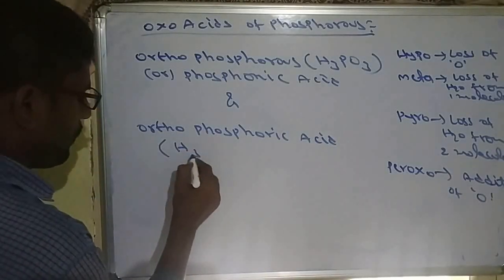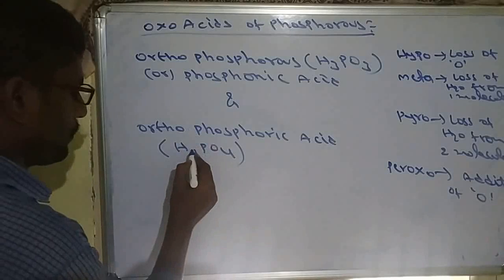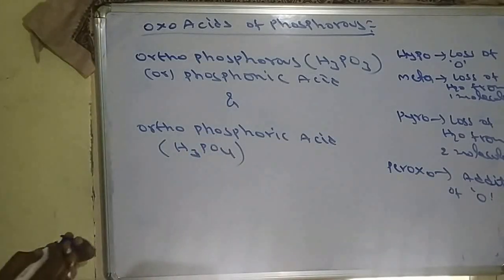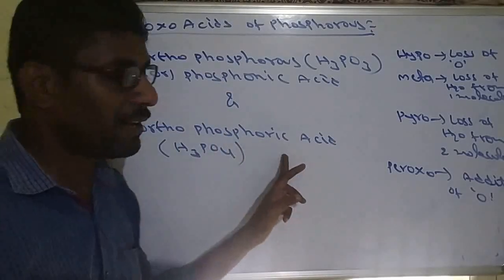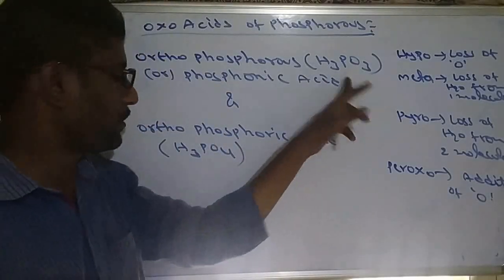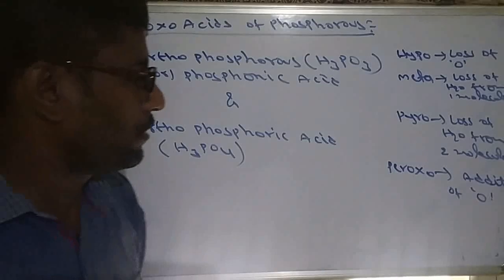In bracket formula will be H3PO4. So these are the two main acids of phosphorus: orthophosphorus, orthophosphoric. It is H3PO3, H3PO4.